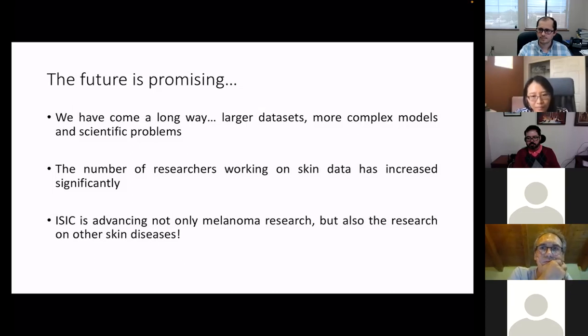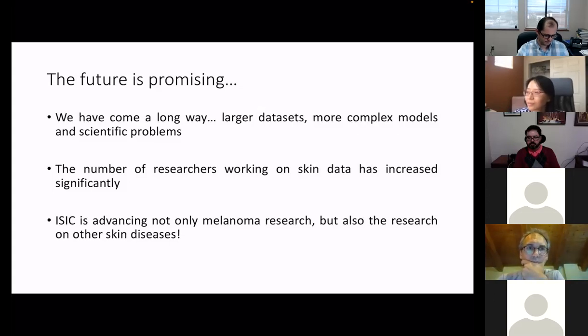We are tackling scientific problems that we hadn't thought of five or six years ago. We were doing segmentation, feature extraction, classification. Now we are concerned with class imbalance, out of distribution detection, how to handle unknown classes. So the future is promising in terms of problems and what we can solve.